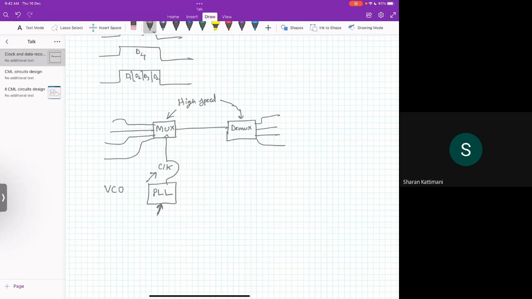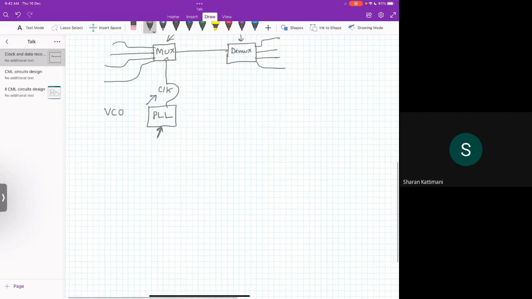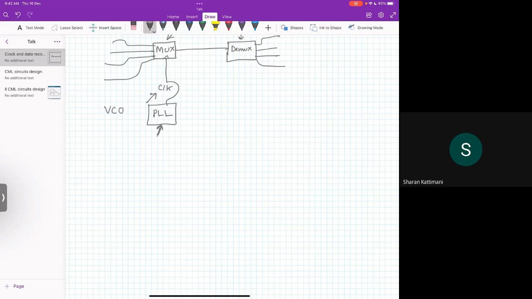Another challenge would be that, as I have told, there should be data alignment. Okay, so it is called a data retiming circuit. So we cannot simply put a mux, we need to retime it so that the alignment is proper, and it appears to be proper at the output. So here you have a data retiming circuit.